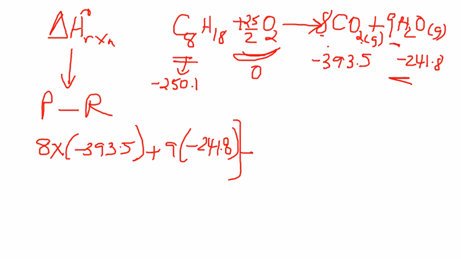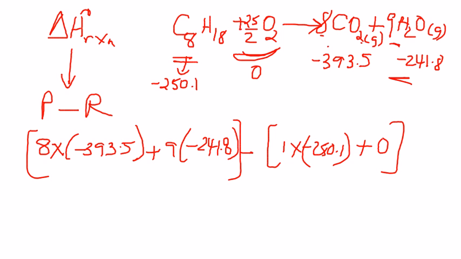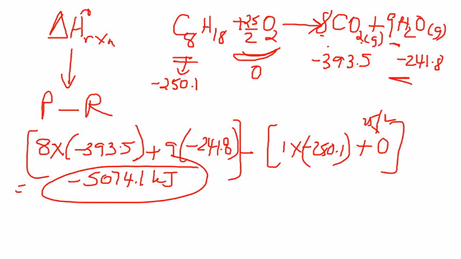From that, you're going to subtract off 1 times negative 250.1 kilojoules, and of course the oxygen is going to have a 0 component, so you can multiply that by 25 by 2 if you'd like, but that is not going to count. When you actually work this out, it comes out to be negative 5074.1 kilojoules. That's what I'm getting on my calculator.